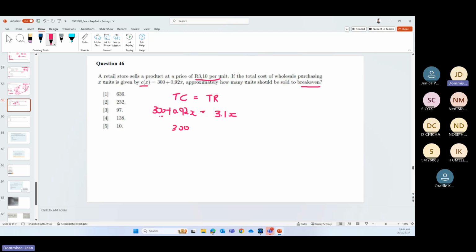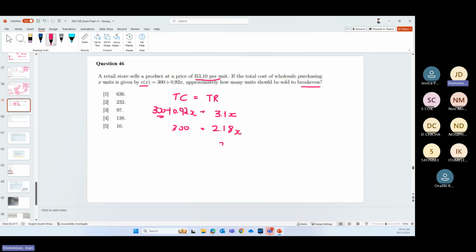Okay, so then let's just simplify. So 300 is on this side. I'll take the 0.92 over, the 3.1 minus 0.92. Wait, I made a mistake. 3.1 minus 0.92. So I get it as 2.18x.